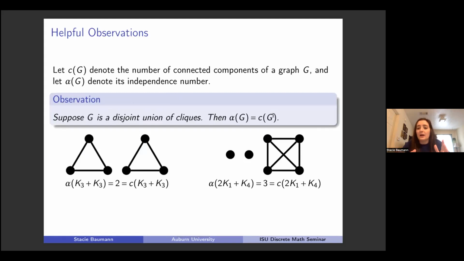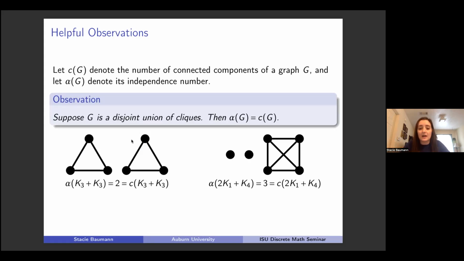Okay, so on the next slide, I'm going to talk about what our worries about this are. But first, I just want to point out this observation. If a graph is a disjoint union of cliques, then the independence number is equal to the number of components. So right, if I was trying to find an independent set in a disjoint union of cliques, I could only pick at most 1 vertex from each component.